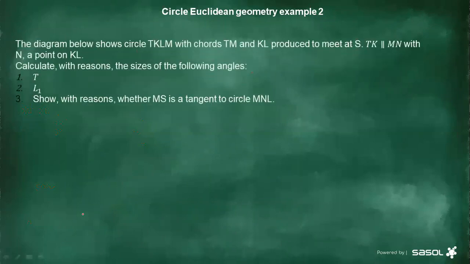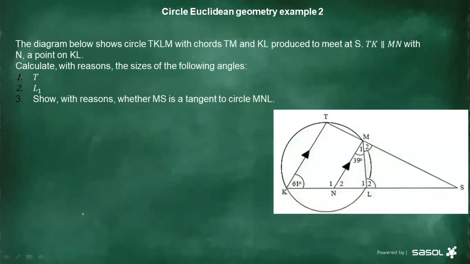We have another example. Let's see. A diagram below shows a circle TKLM. You can see TKLM.